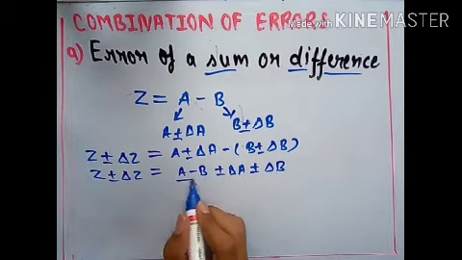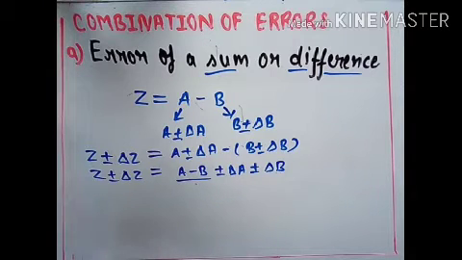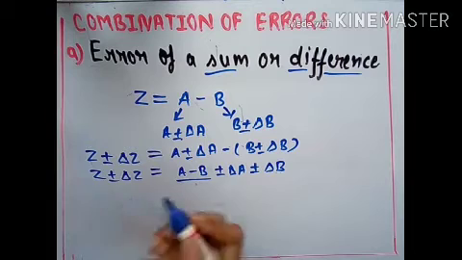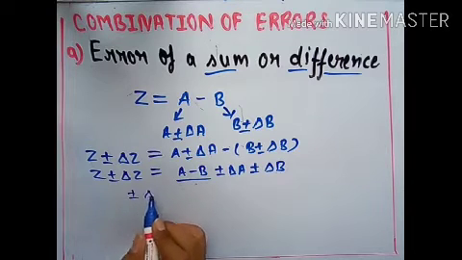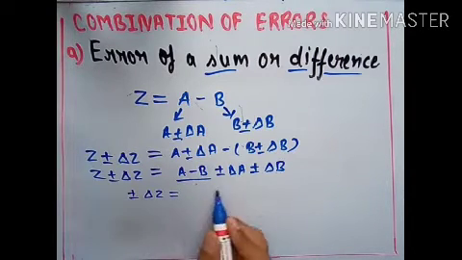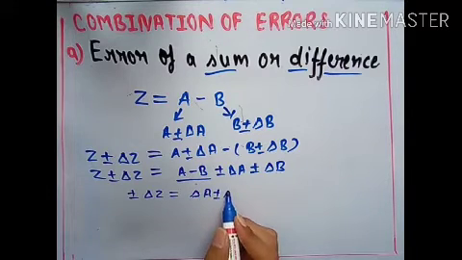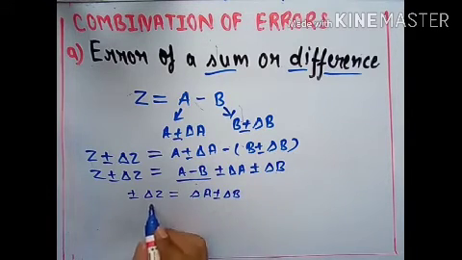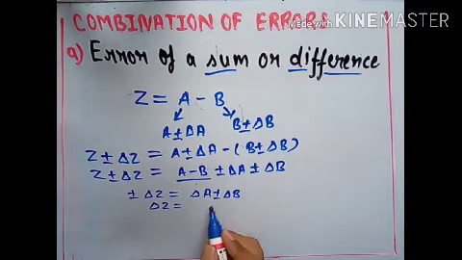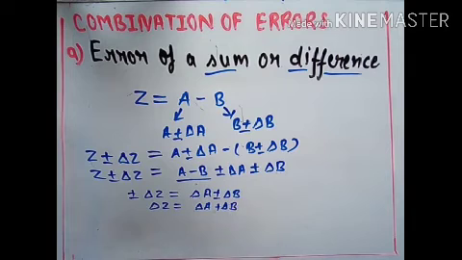Now look here again, this value is equal to z, so z will cancel each other, and you will get what? This is the same result you obtained previously. Understand? Delta z is equal to delta a plus delta b. This is the same result you obtained for the sum, and now this result is for difference.